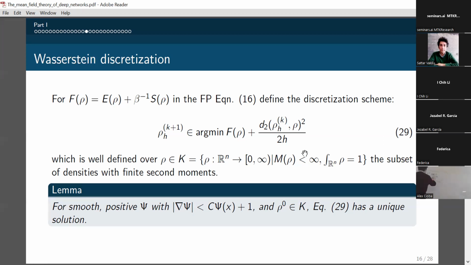But this second thing, besides some famous cases like the Boltzmann-Gibbs distribution, that's very hard to do, I guess.